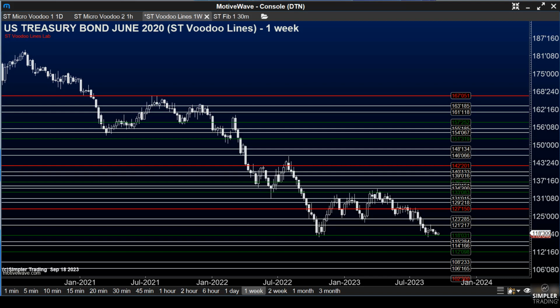So if you've caught some of our other videos or discussions about the Voodoo Lines, you know that these red fire lines, like this one up here near 167, and this one here by 142, and this one that we were last at back here in July at about 127.5, right? Those are the most important of the levels.